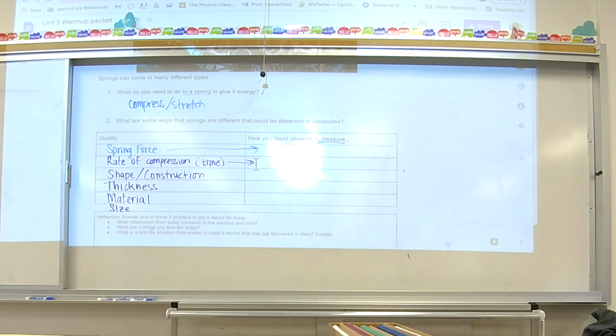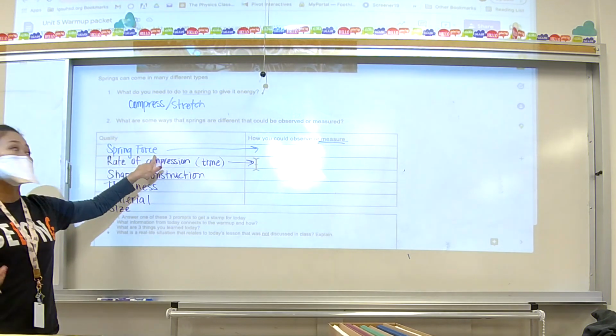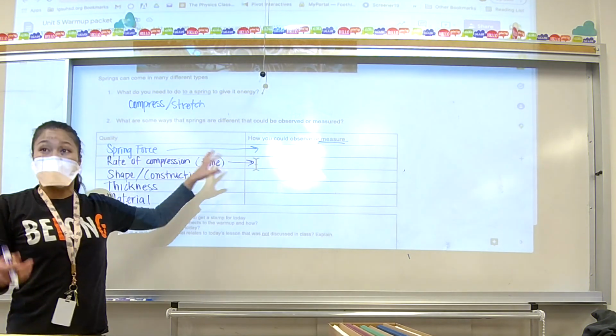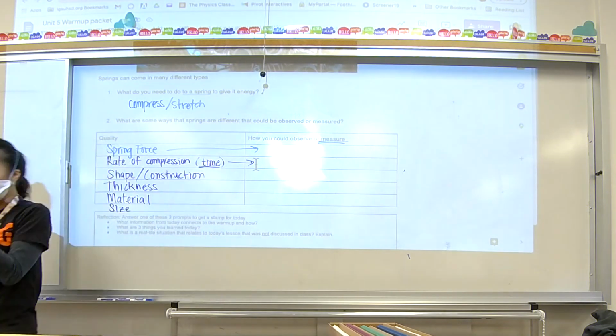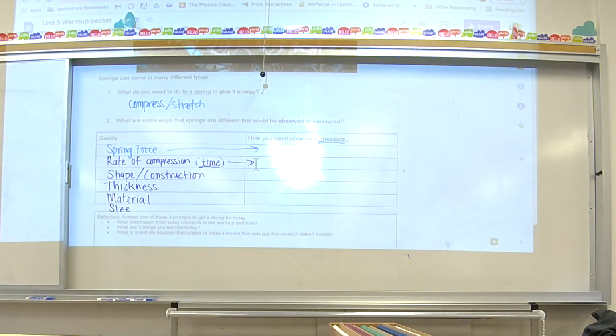How about we go into the things that you can measure from this or observe? Because we're going to do a lab today. So we're going to definitely have to collect data. What type of data besides the spring force, the rate of compression in the context of the time it compresses or stretches?